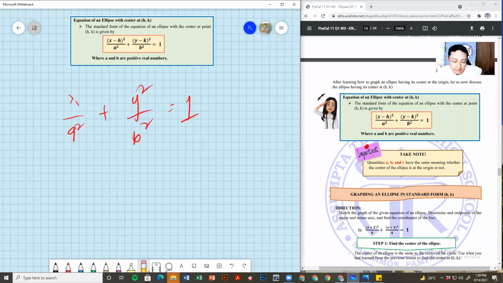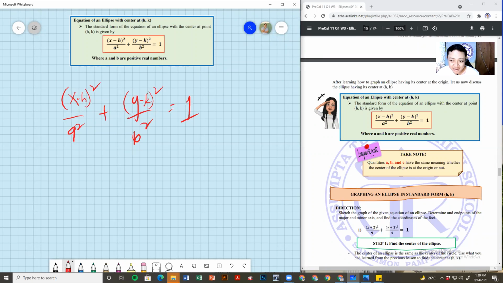But since in our next example, we will not be having any more 0, 0 as our center, we just have to add minus h here, squared, minus k here, squared. And that becomes the standard equation for an ellipse whose center is not at the origin. Okay, and actually, this is also easy.